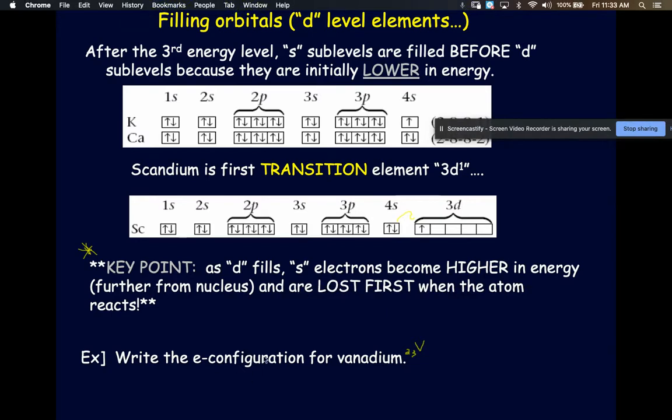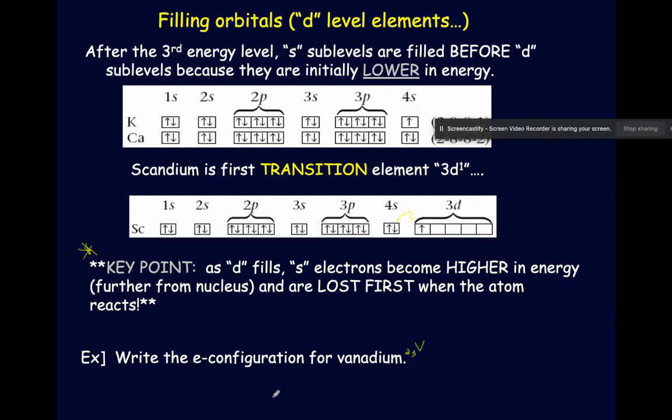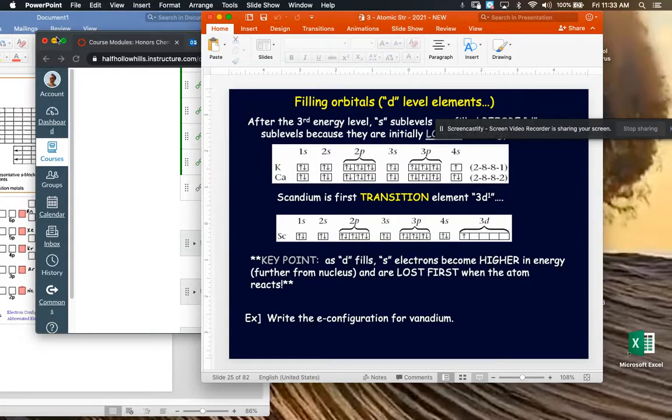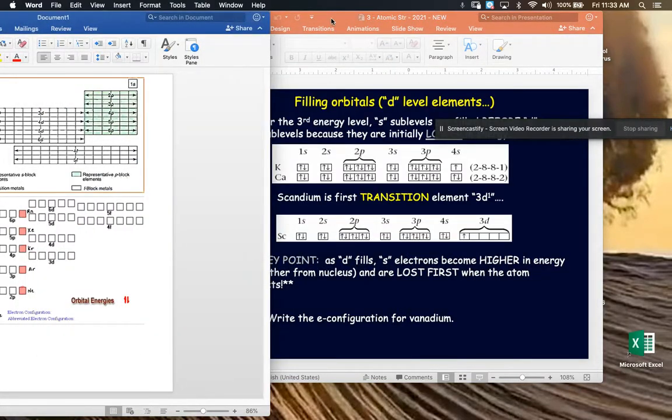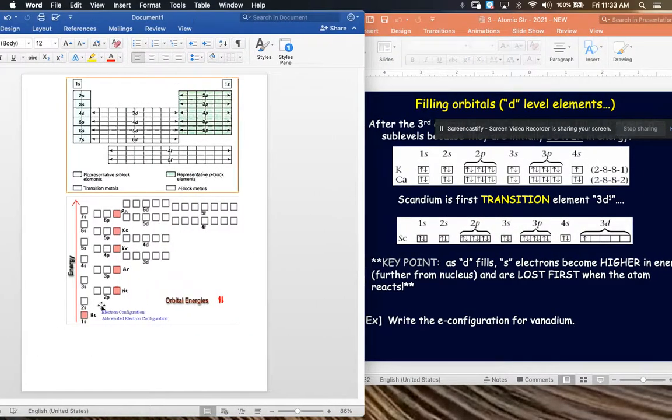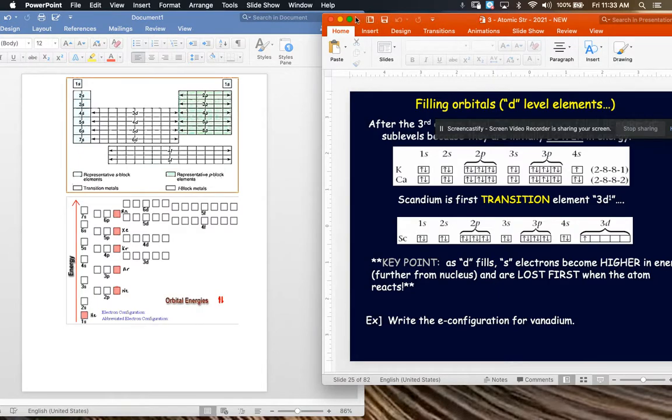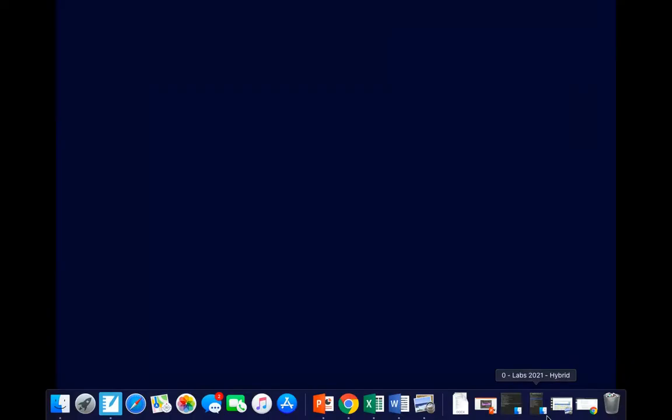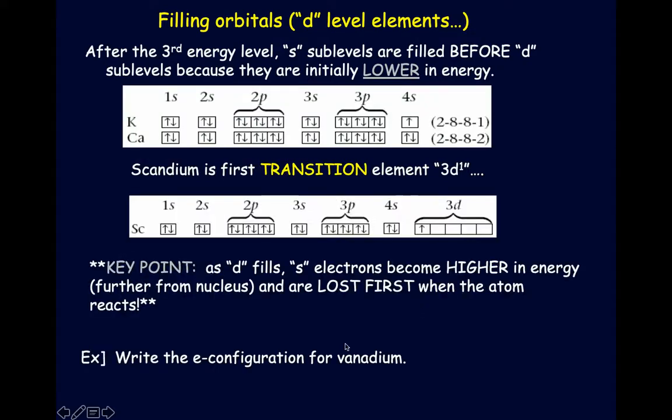So we can do that. If you're following along with your table, vanadium would be atomic number 23.